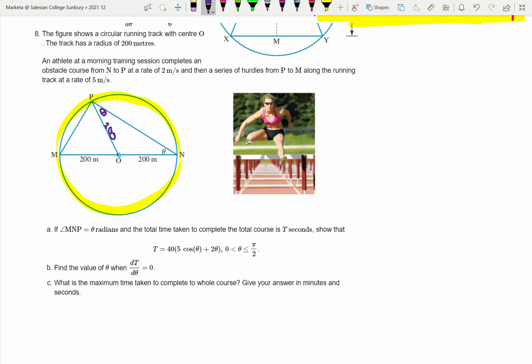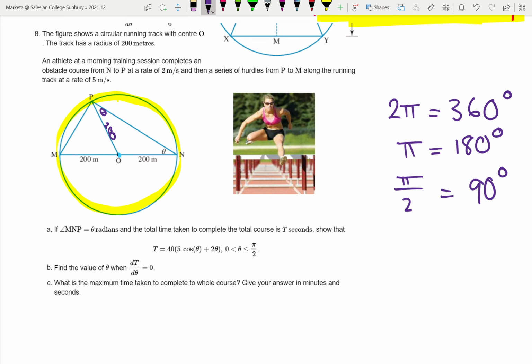Now notice that 2 pi equals 360 degrees, pi equals 180 degrees, and pi on 2 is 90 degrees. So this whole triangle is going to be a right angled triangle by virtue of the fact that it is within the circle.